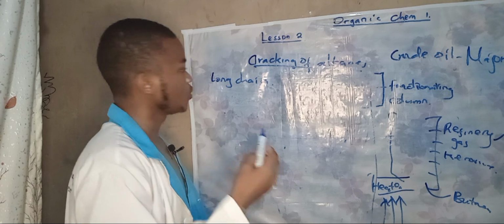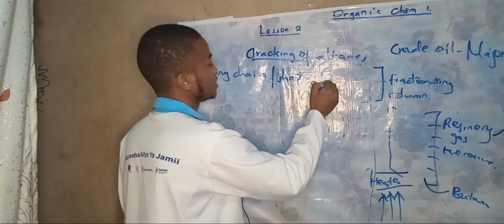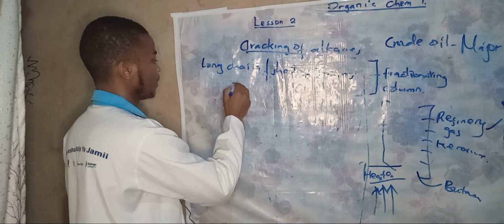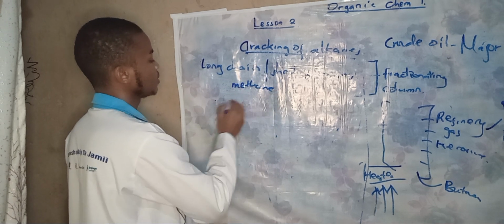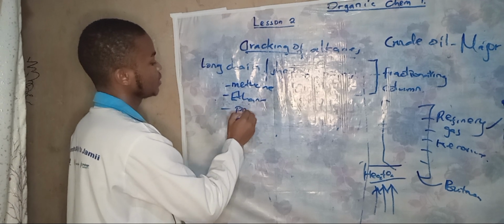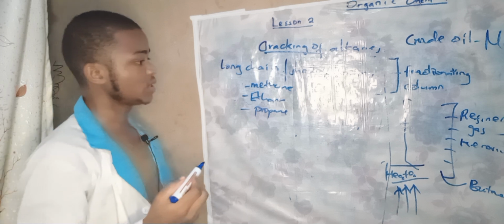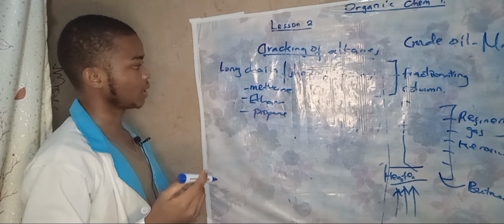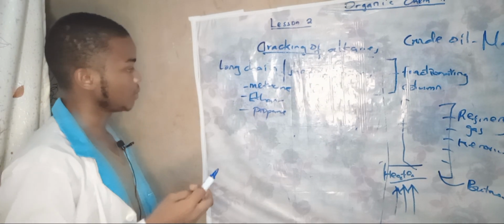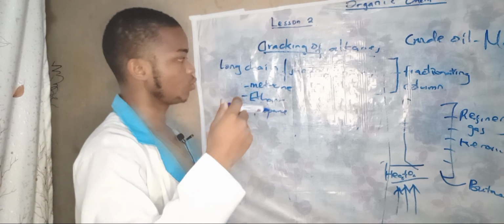So we always use short chain alkanes, which are methane, ethane, propane, and so on. Long chains must be broken so that they can be put into good use.